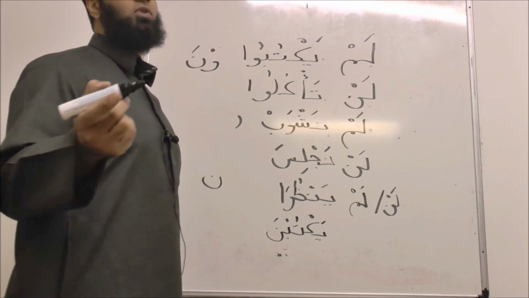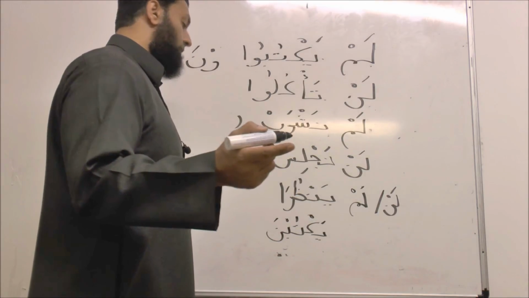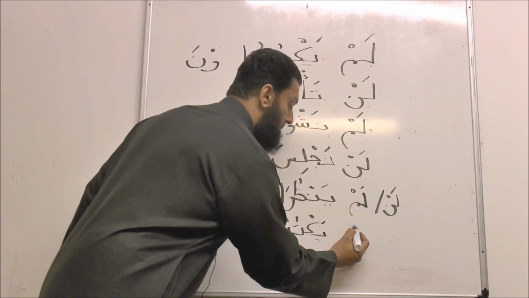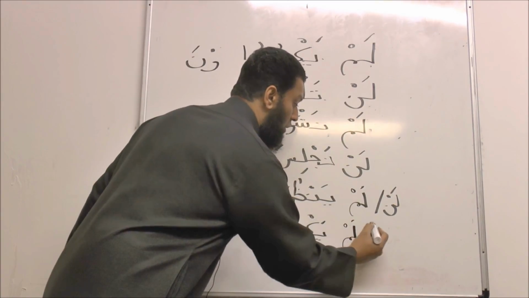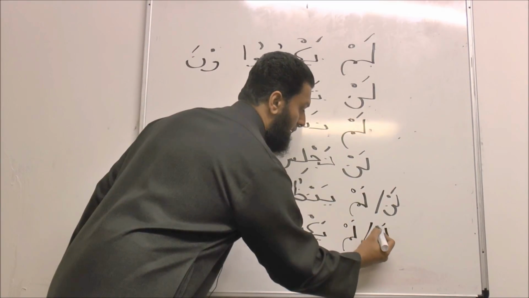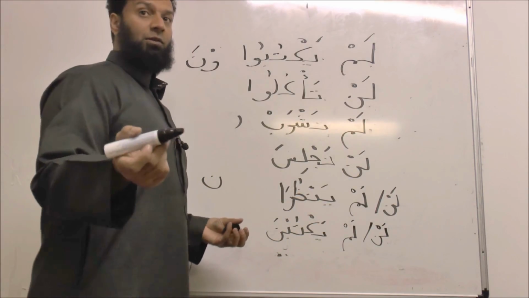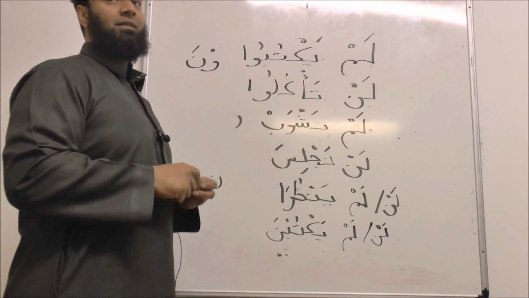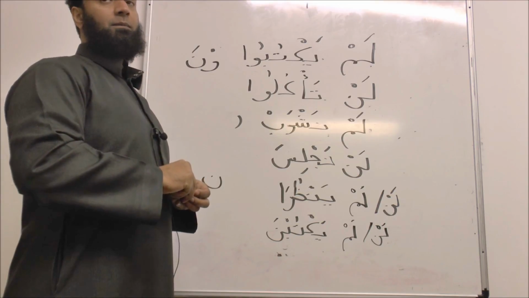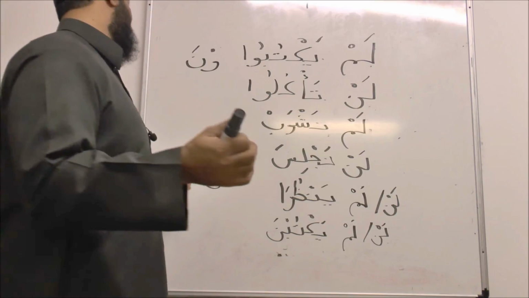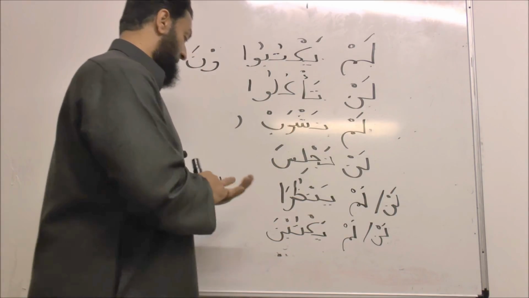And you'll be pleased to know that whether you put lam before it or lan, it stays the same. That's good, isn't it, Muhammad? It stays like that. Alhamdulillah. So it becomes nice and easy.